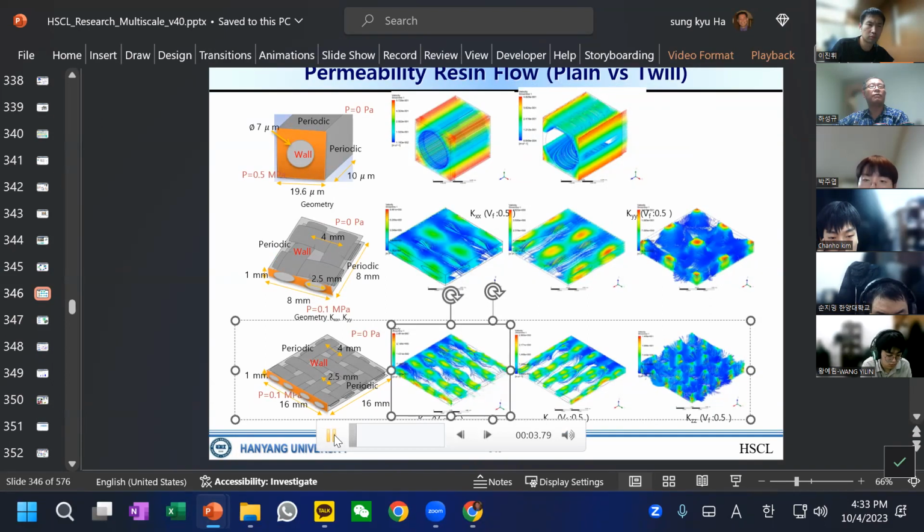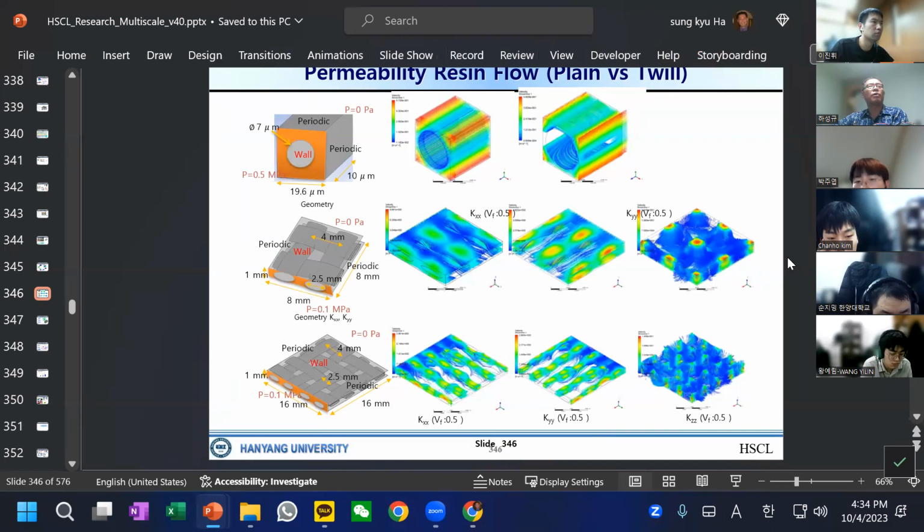How can they flow? So the point I would like to emphasize is that when you manufacture the composite, you don't just look at the macroscopic view, but always try to visualize what's going on inside the structures. That is a very important view.